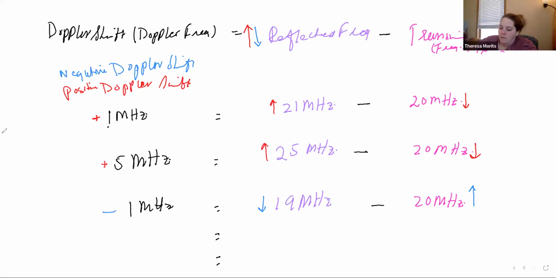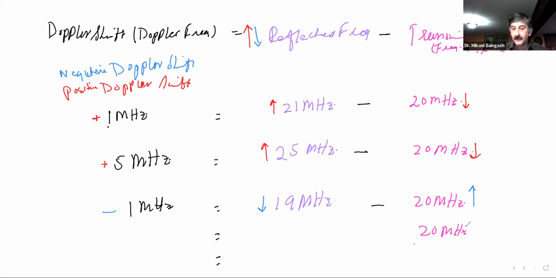Okay, guys. Now, on the other hand, let's say it's the same transducer, the same 20 megahertz. But now your reflected frequency is going to be 15 megahertz.